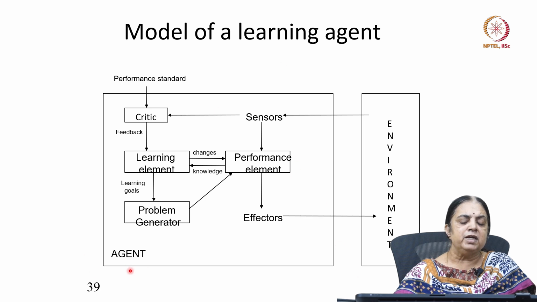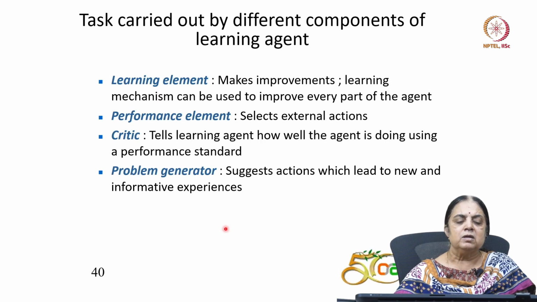So you can say an agent actually looks like this. We can see the many things that can be used over here. For example, when you say the learning element makes improvement, it uses different learning algorithms for improvement.